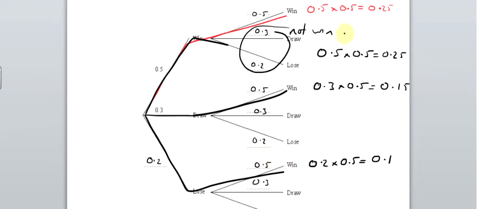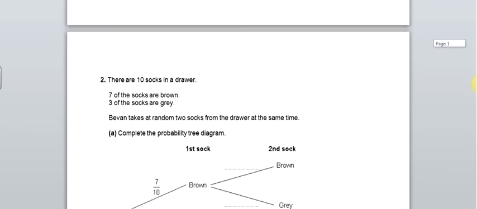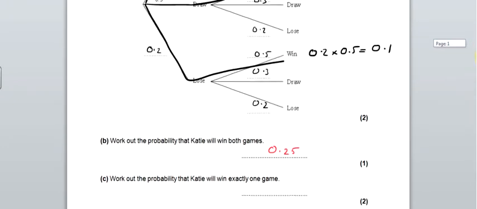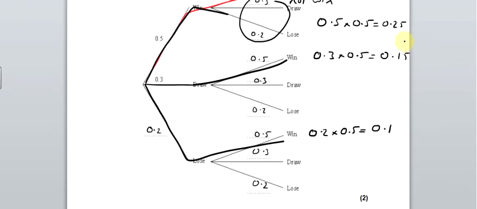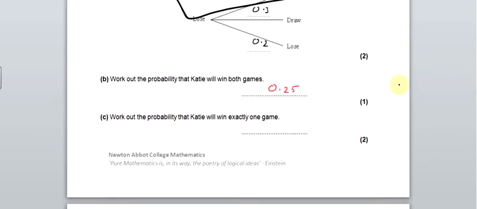So here we've got win, not win. Here we've got not win, win, and here we've got not win, win. So exactly one game. So you just have to add them up. So it's 0.25 and 0.15, so that's 3, 4, 5. 0.5 is our answer.